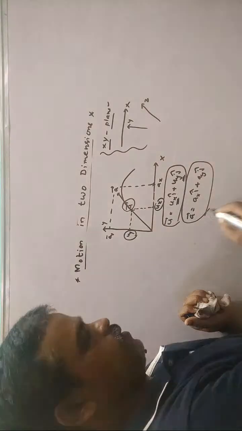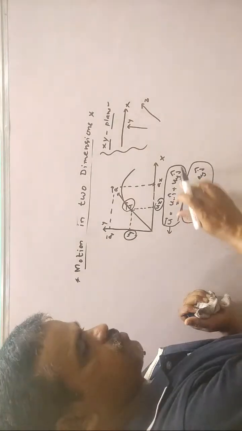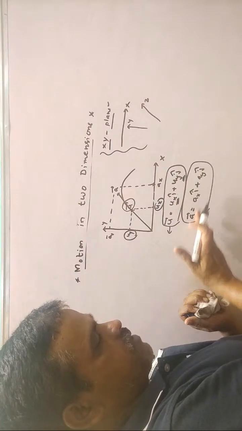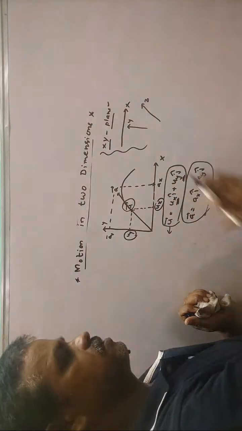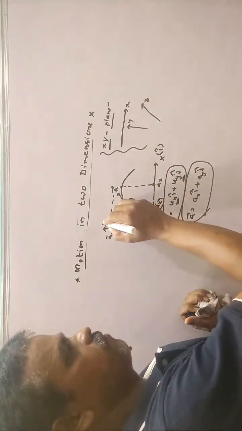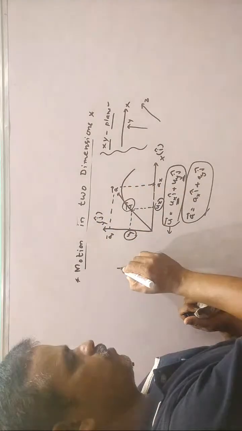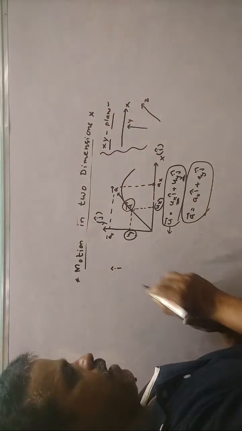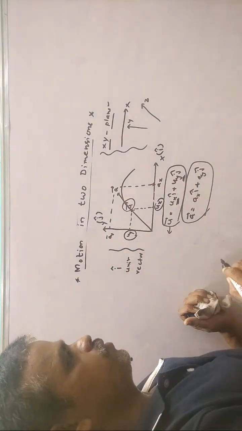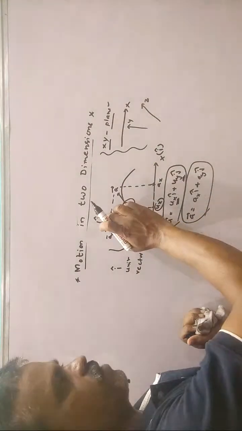The velocity vector and the acceleration vector can each be split into two components. Along the x axis the unit vector is i cap, along the y axis the unit vector is j cap. This is called a unit vector.